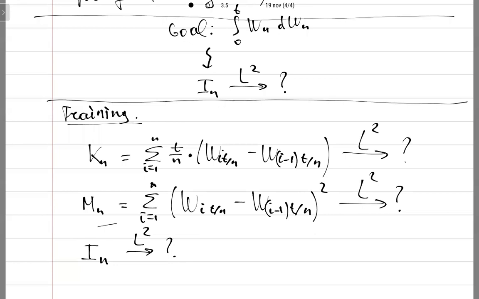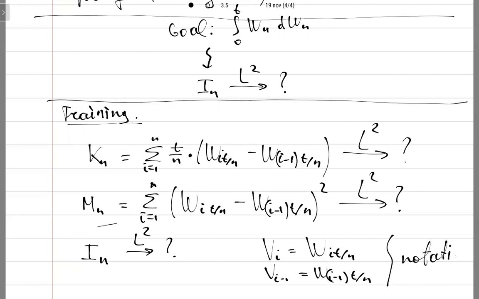I'm a little bit bored to write this big W_{i-1}. So I will introduce V_i as just W_{iT/n}, and V_{i-1} is just W_{(i-1)T/n}. Just notation to simplify.